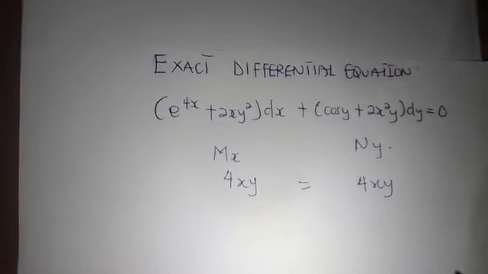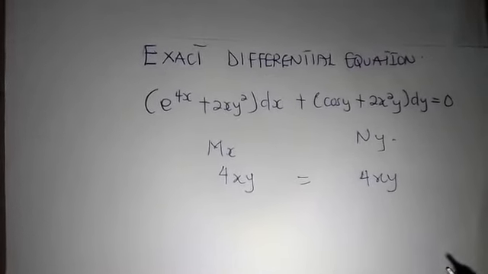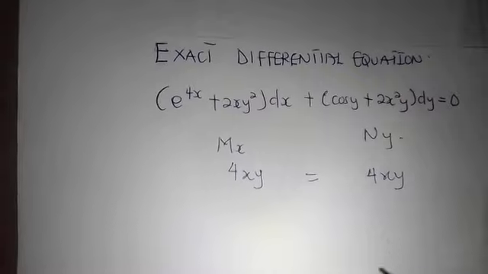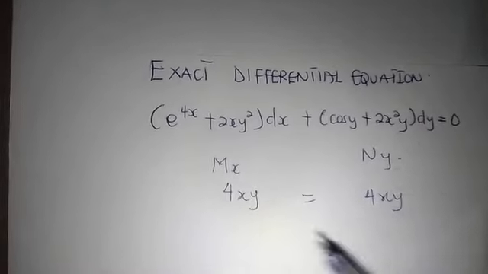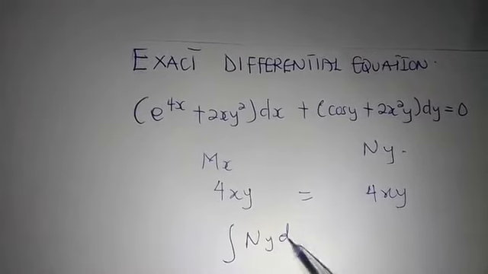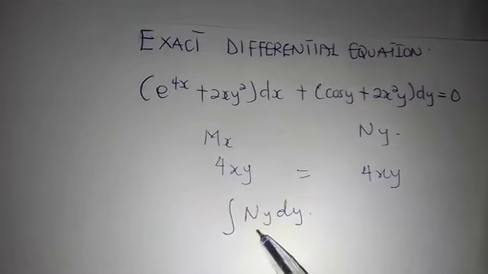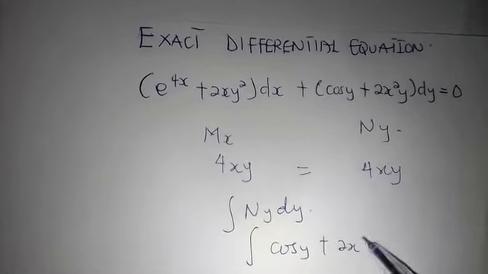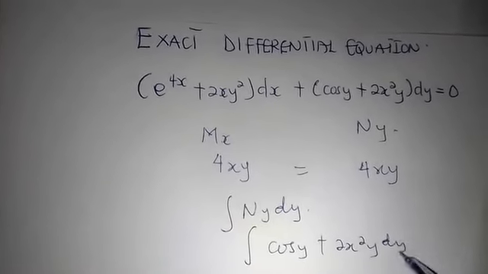So let's proceed. Now we take the term that will be easier and faster to integrate. I'm going to take this part: the integral of N dy, that is the integral of (cos y + 2x^2 y) dy.